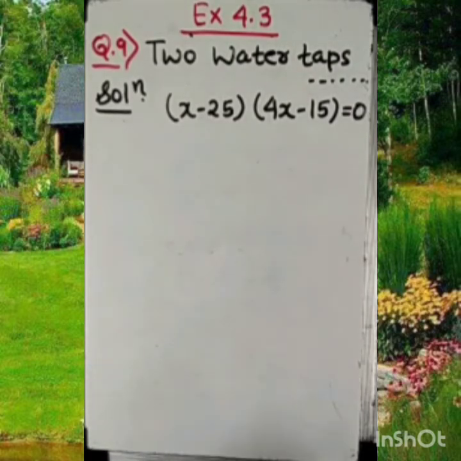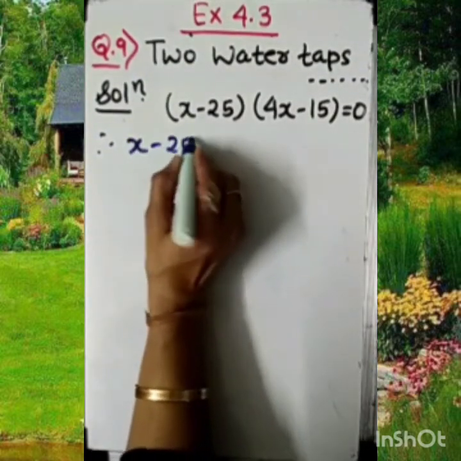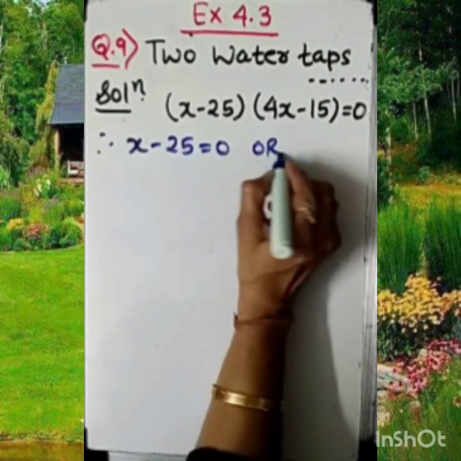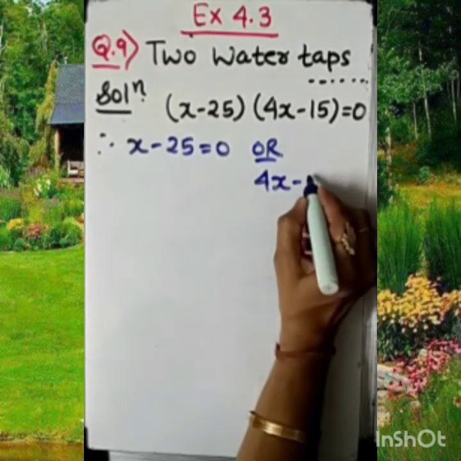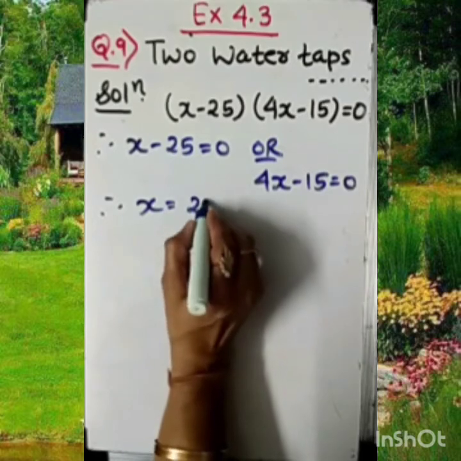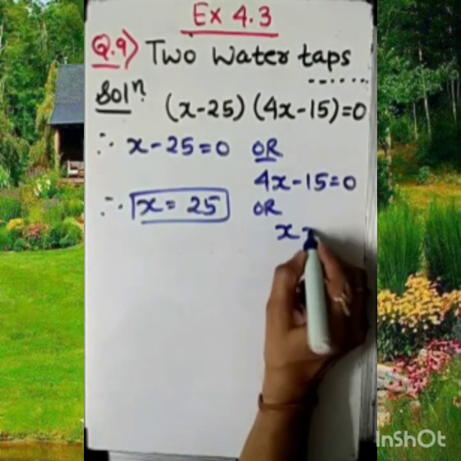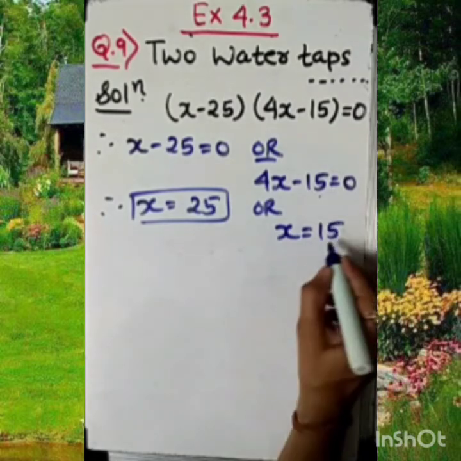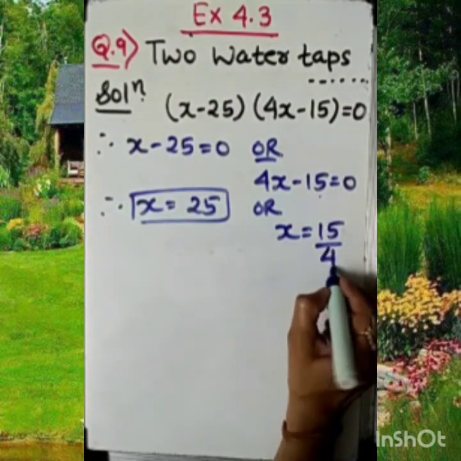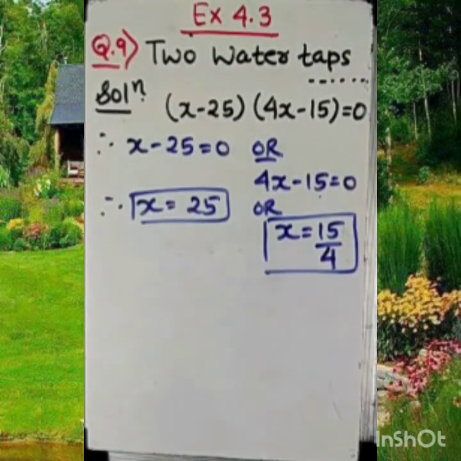So let's simplify. If I work out on that, then x minus 25 equal to 0. Another is 4x minus 15 equal to 0. Therefore, x equal to 25 and another is x equal to, this 15 will move to that side, minus 15 will be plus 15, and this 4 is in fraction form. x equal to 15 by 4.